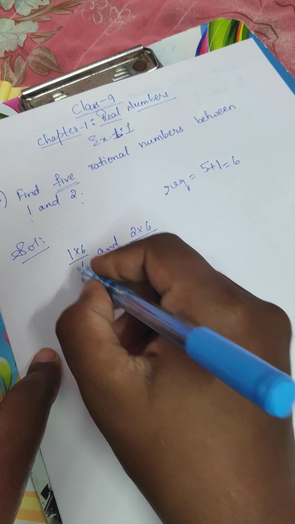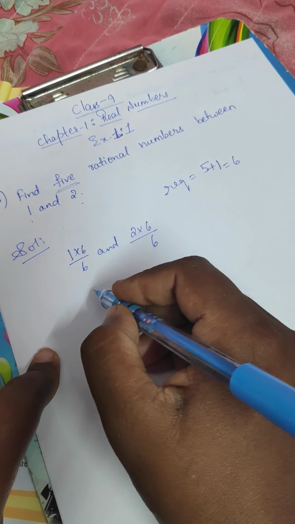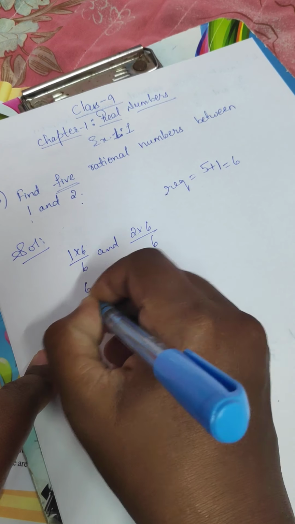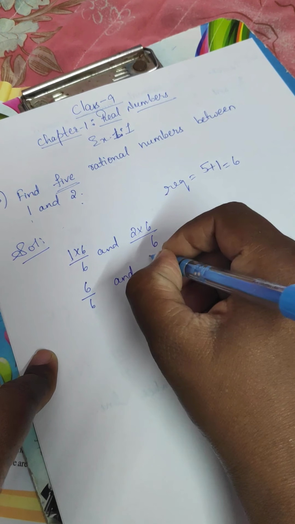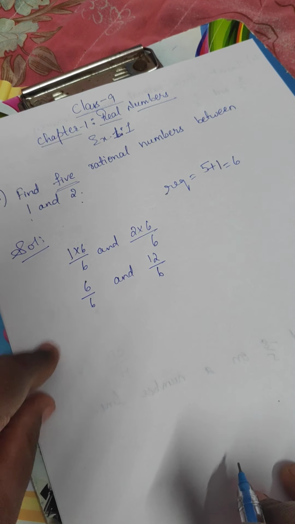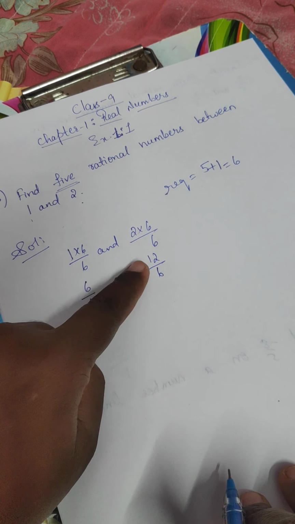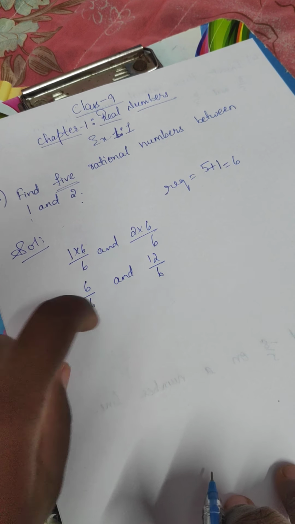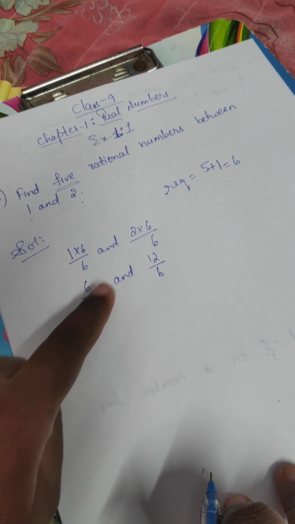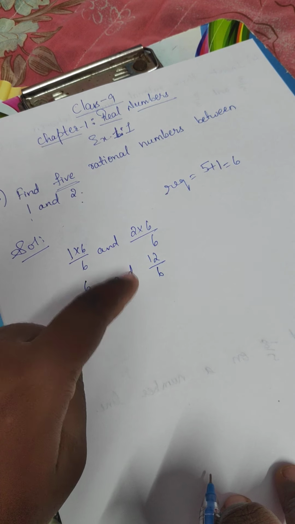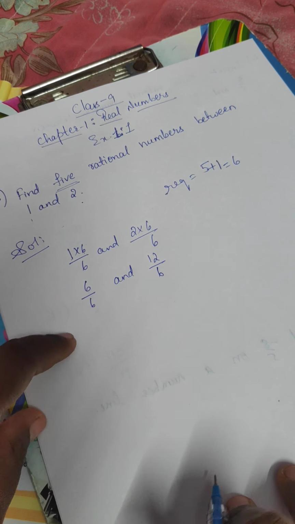So the answer here is 6 by 6 and 12 by 6. Obviously 6 by 6 is 1 and 12 by 6 is 2. Now we have to write the in-between numbers of these two.